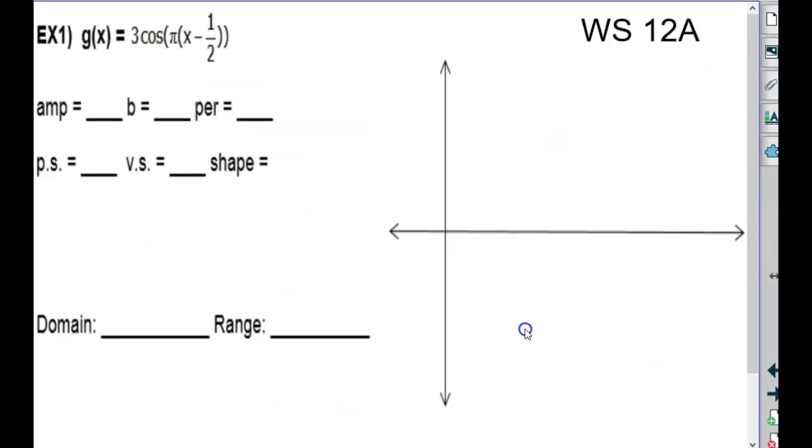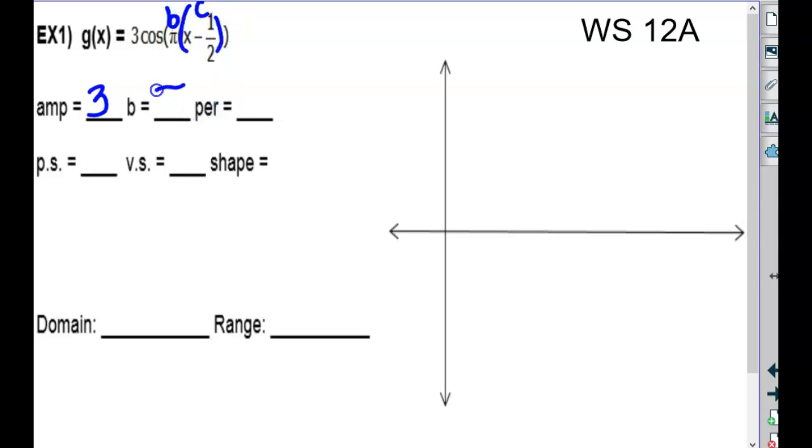Oh, guess we could have just done this problem because I think it's pretty close to what I just said. All right, amplitude, somebody? Anybody? 3. B is, this is the factored form, so the C and the B are already separated.